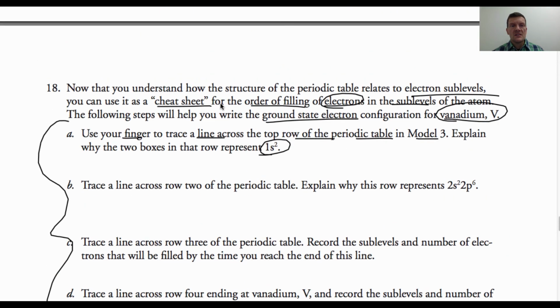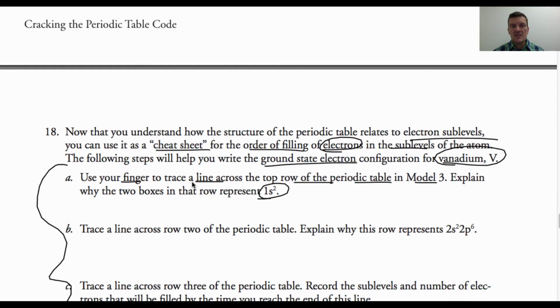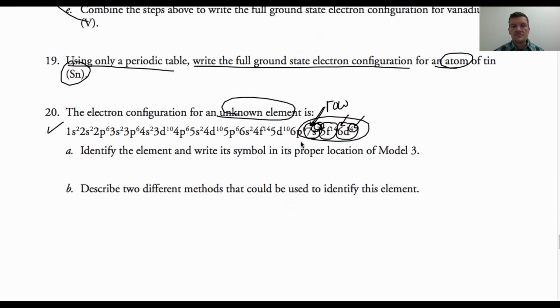I need to be 6 across the 7th row. This is my 7s1, 7s2, and 6d1, 6d2, 6d3, 6d4. Whatever element that is right there, you have just discovered that element given that electron configuration. Okay?